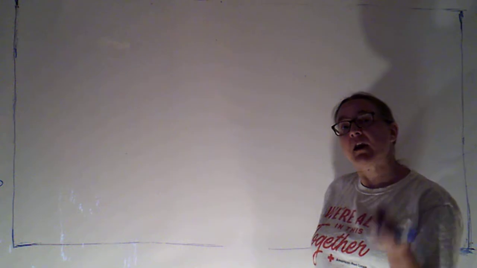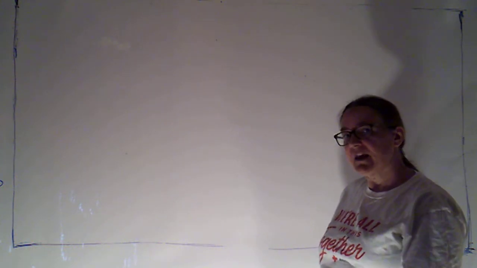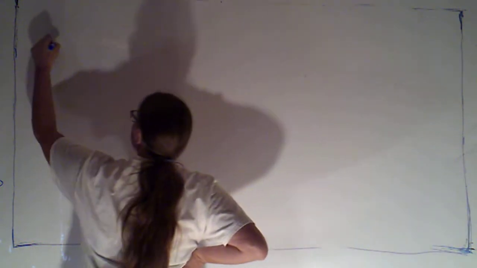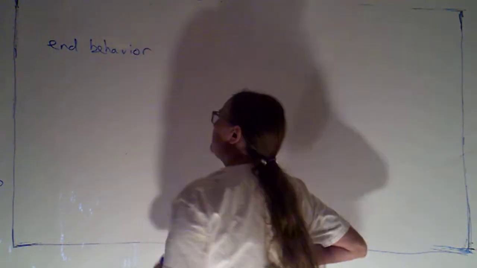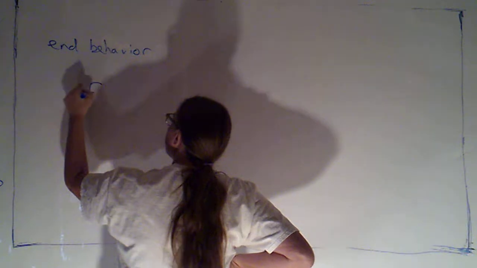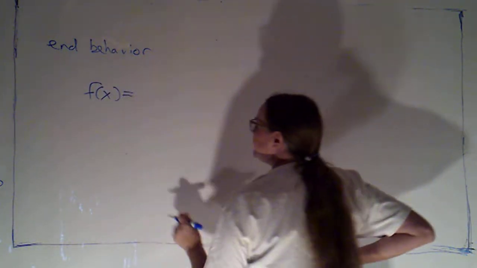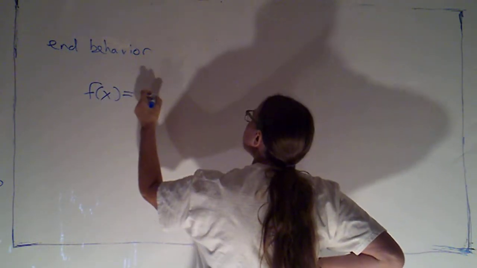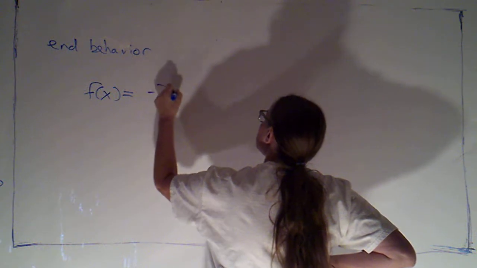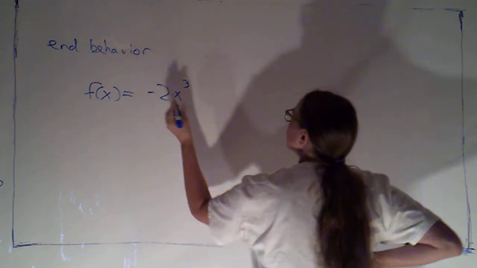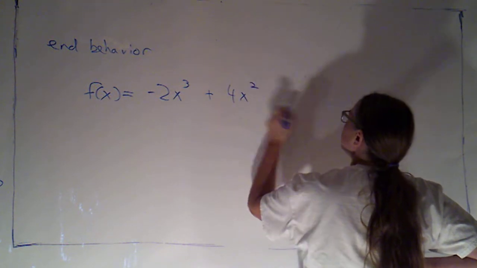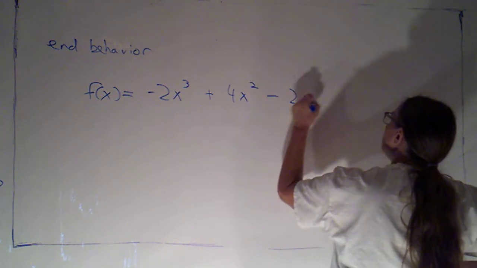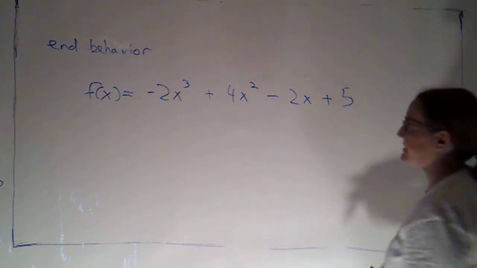All right, what I want to talk about now is the end behavior of a polynomial. So let's just say I have f of x equals negative 2x cubed plus 4x squared minus 2x plus 5.